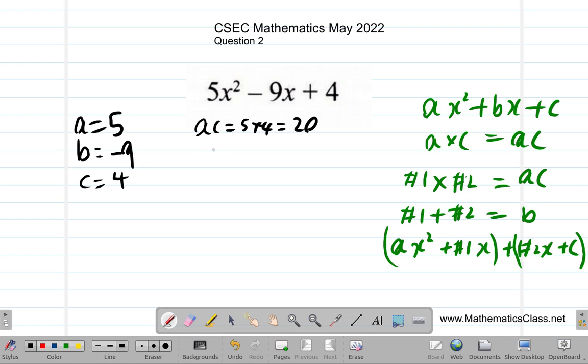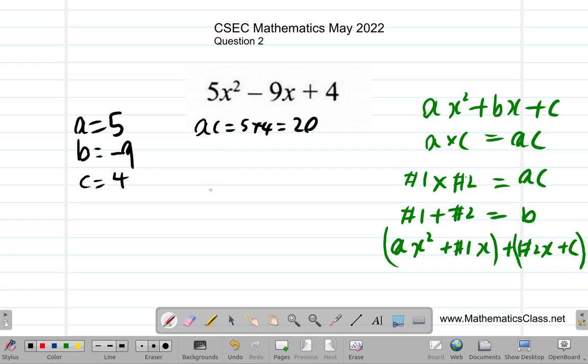What I want you to do now is pause the video and think of two numbers that multiply to give 20 and add to give negative 9, and then finish it off for me. Okay. You thought of the two numbers and you finished it off. What did you get? I know you had fun completing this.